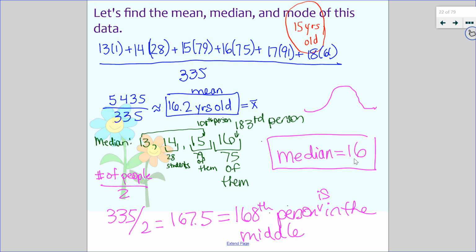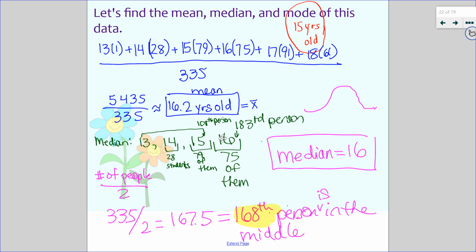And again, I calculated my median by calculating what person is in my middle. So the 168th person is in the middle. I know which person is my 168th person because my first person was 13. My second through my 29th person was 14. Then through my 108th person was 15.